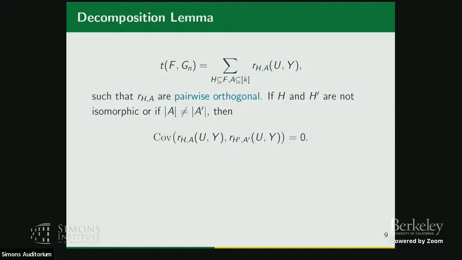Such that the terms you have here are pairwise orthogonal. What we mean by pairwise orthogonal is that whenever you take two different copies of H, in the sense that they are not isomorphic, or if you have node subsets A and A' that are not equal in cardinality, so the number of nodes is not the same, then the covariance between the two terms, H_A and H'_A', is 0.